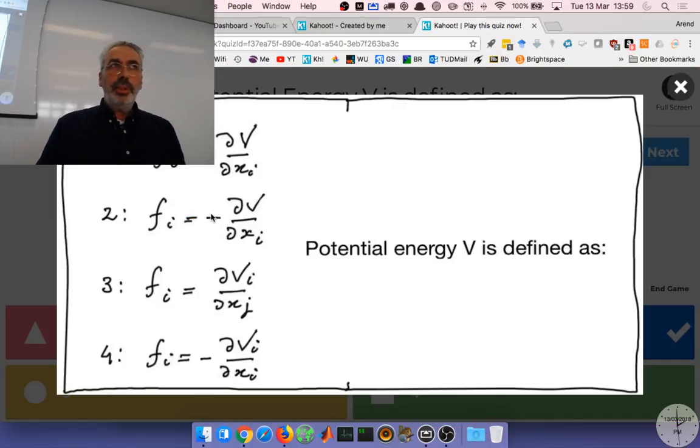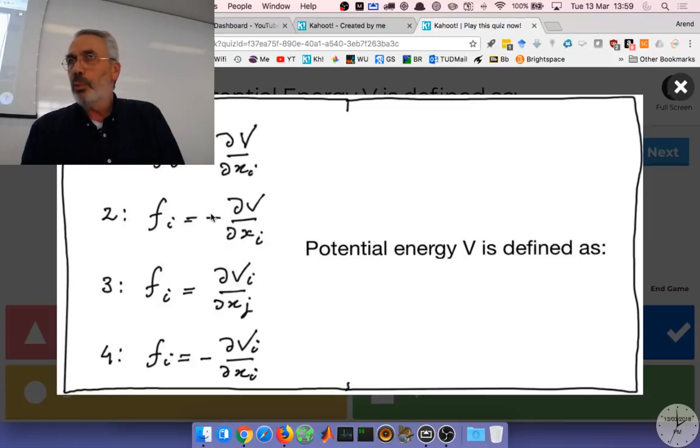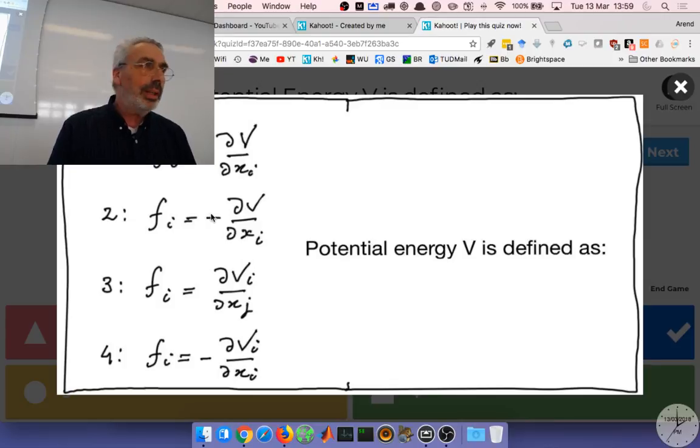The definition of potential energy is a bit awkward. It is the force not in the same direction as the displacement, but in the opposite direction. It all has to do with the energy you are calculating being a sort of energy storage.